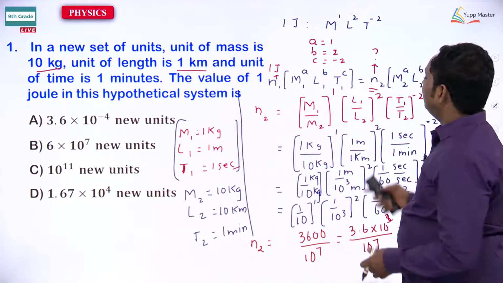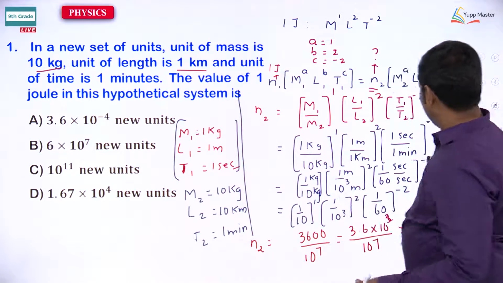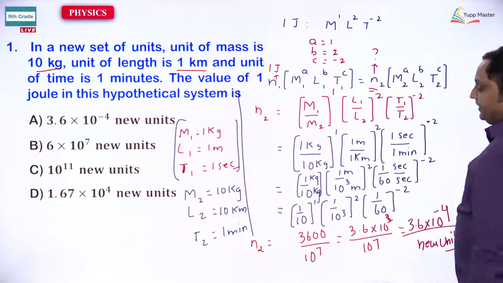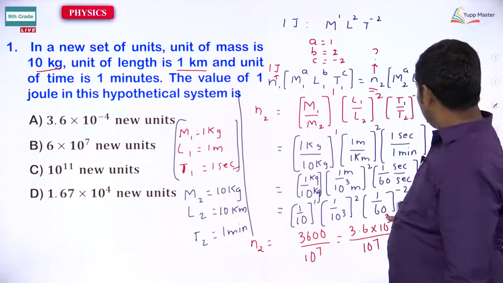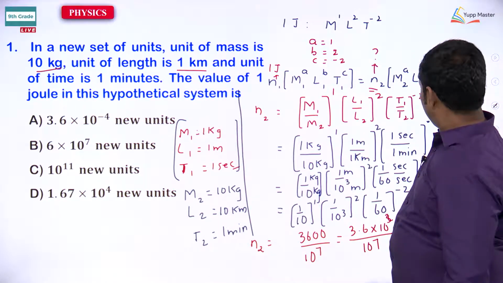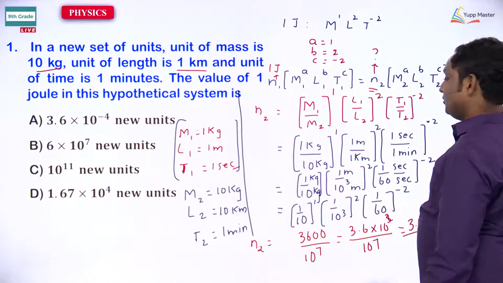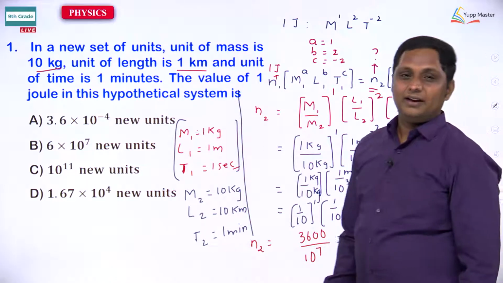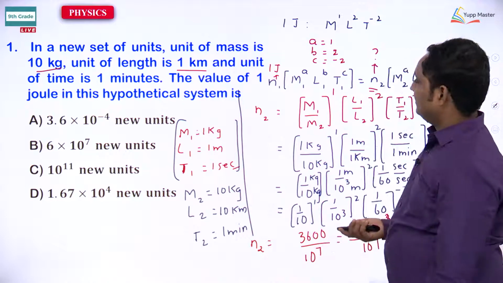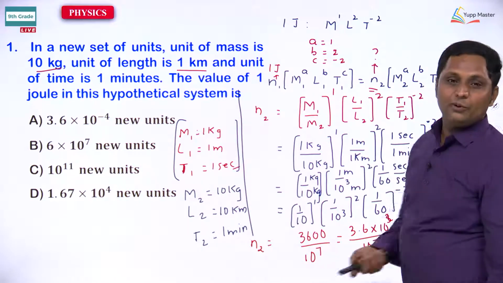This is for a hypothetical system. In this hypothetical system it is calculated that 1 joule is equal to 3.6 into 10 to the power of minus 7 units. Right, in this way we can solve the problem.